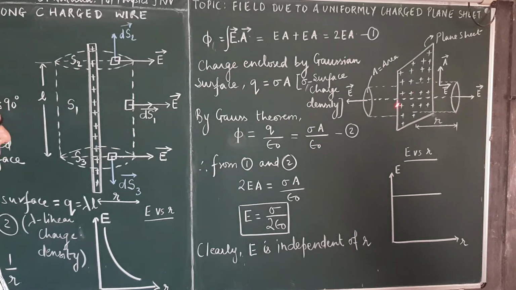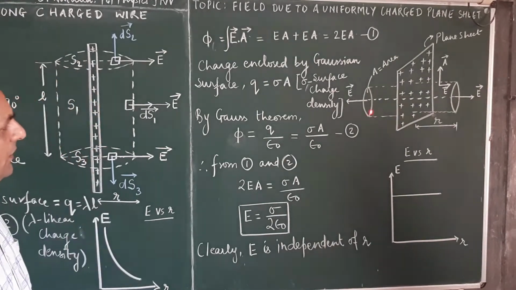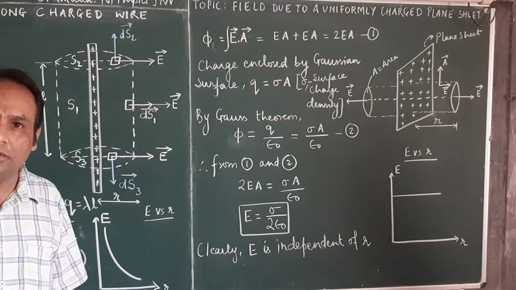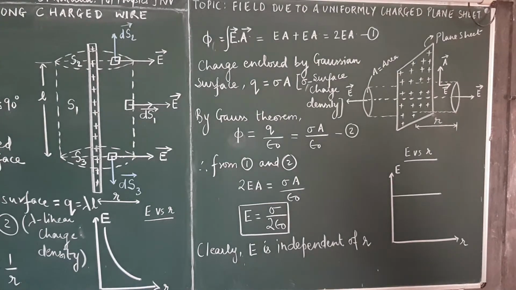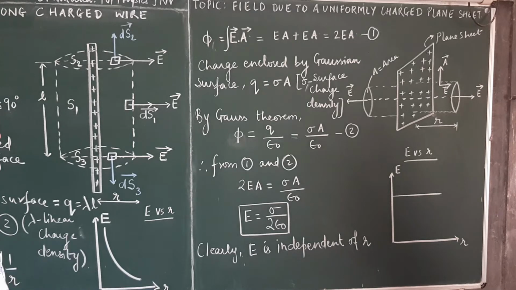Now again, for this we have another Gaussian surface which is also a cylinder, and as per the property of the Gaussian surface, the field at all points of the Gaussian surface has to be uniform, obviously. Now here again this cylinder has three parts. The two are cross-sectional views and one is the curved surface.